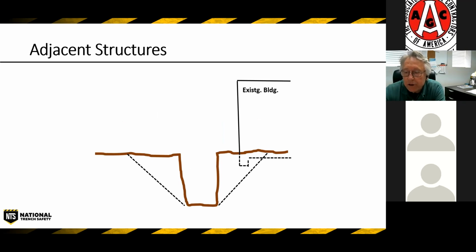Now, another scenario that we often encounter is the presence of a building near our excavation. If the building is within the adjacent area, then we need to pay attention and we need to support that structure. It might be that the building is large enough that we might need to get an engineer involved.